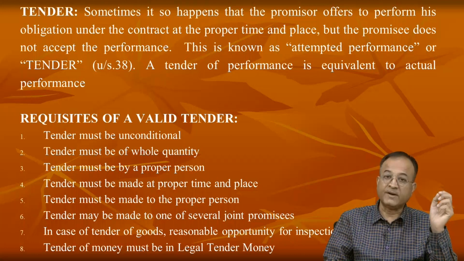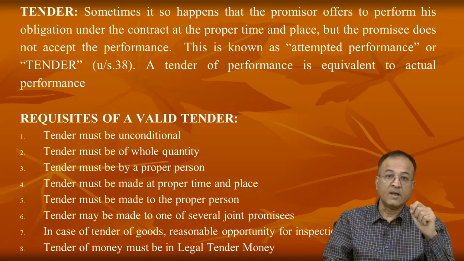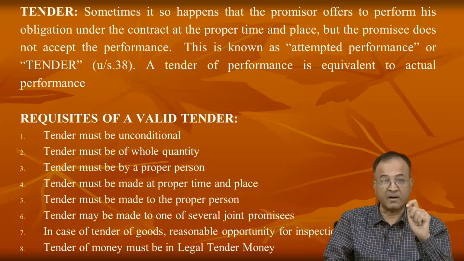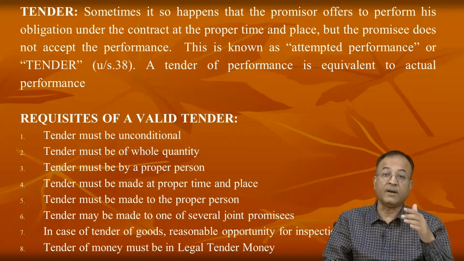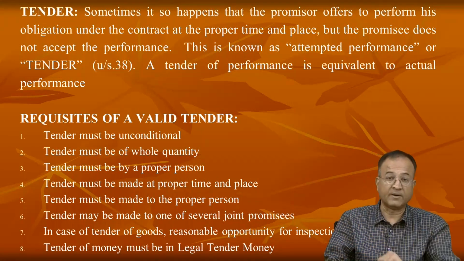Now, requisites of a valid tender. A. Tender must be unconditional. A valid tender must be unconditional. It becomes conditional when it is not in accordance with the terms of the contract.